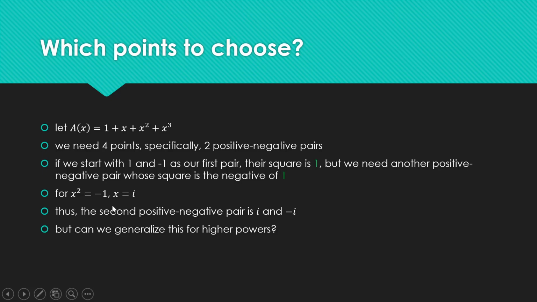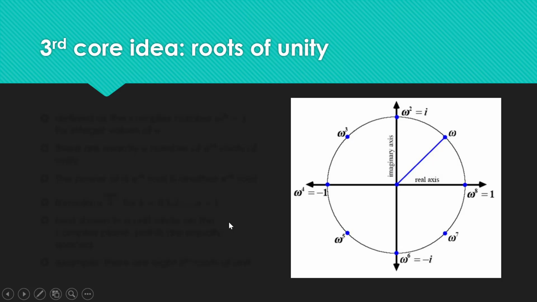But the problem is this works for 4 points. Can we generalize this for higher powers or more number of points? And the third core idea: something called roots of unity. This is the complex numbers part of FFT.